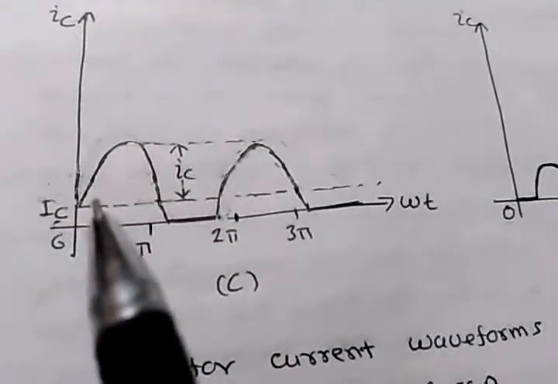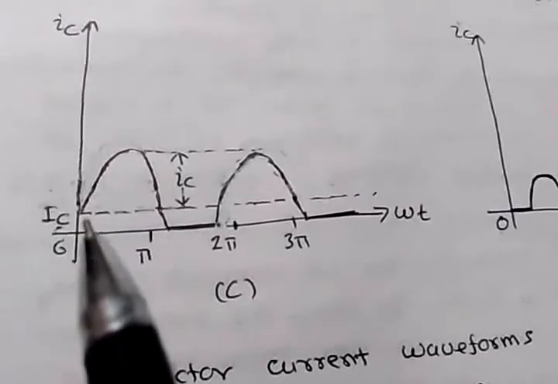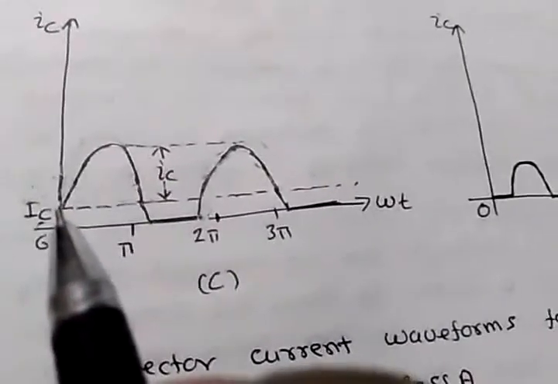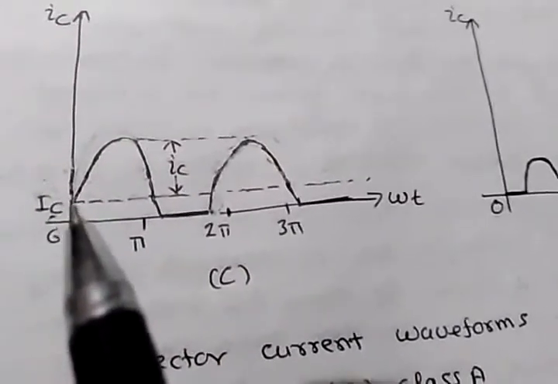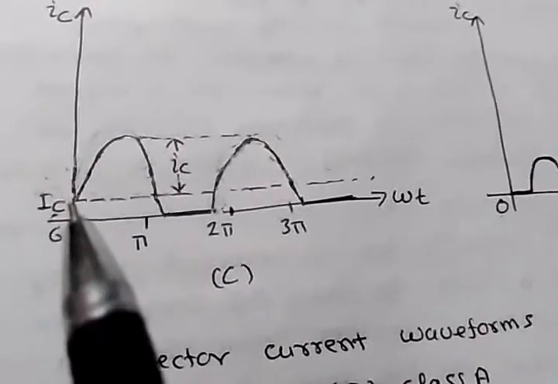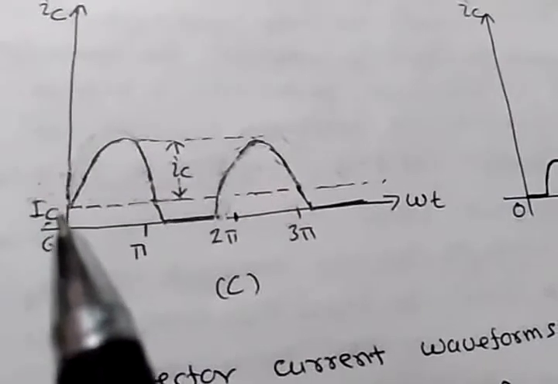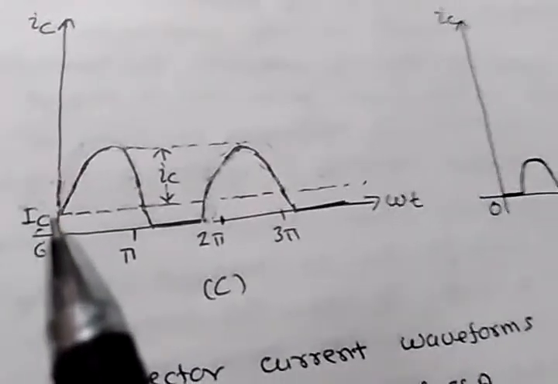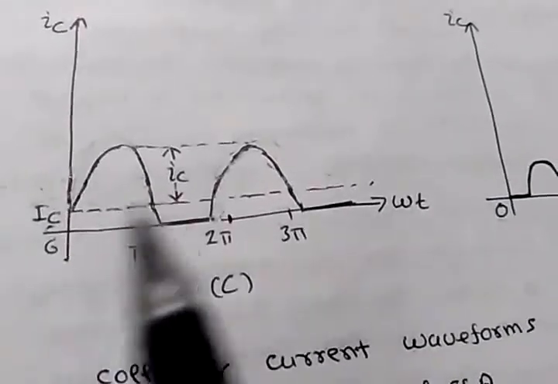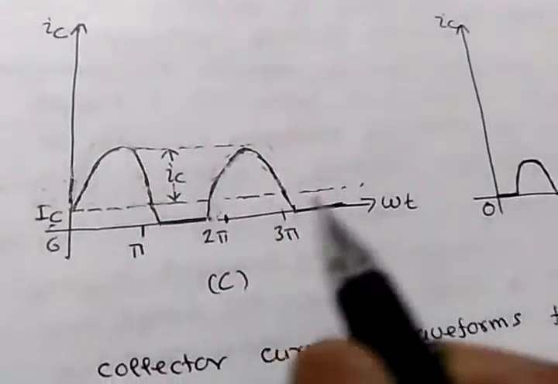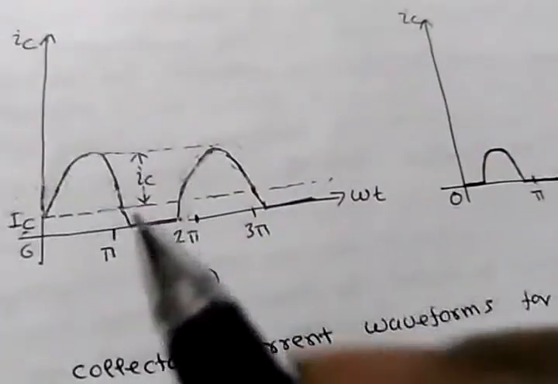It means in class AB amplifier, the transistor is biased at a non-zero DC level. When there is no input signal, a small collector current due to the DC biasing condition will flow.